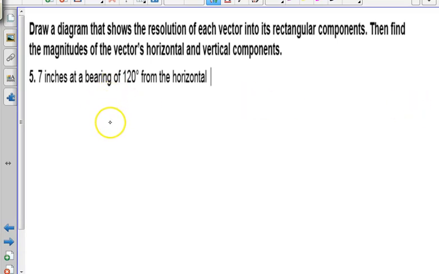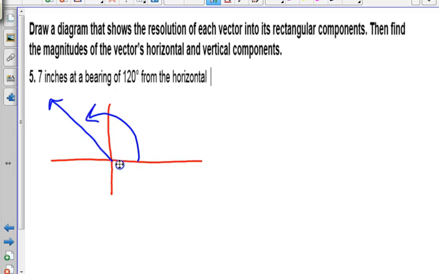But for today, if we were to draw a vector and find the vector's horizontal and vertical components, okay? So let's draw this in what quadrant? It just says from the horizontal, so let's just go around this way. 120, and it says to label it 7 inches.